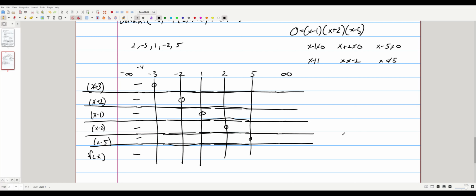And you think of each of these horizontal sets in our table as just being a number line. And so if you're 0 here, then to the left you're going to have negative numbers, and to the right you're going to have positive numbers. And really what's happening here is any number that's larger than negative 3 is going to make this entire binomial positive, and that's essentially what the first row is saying.